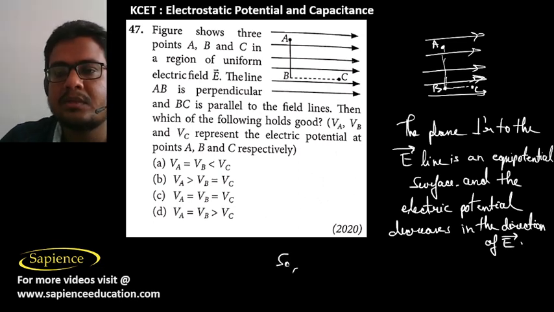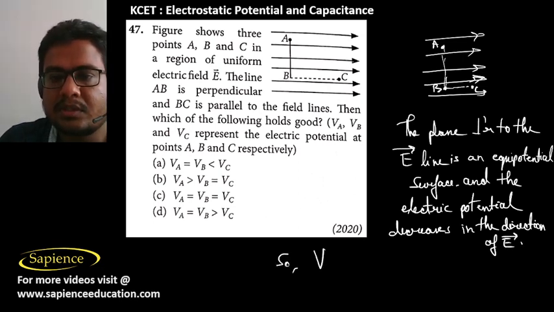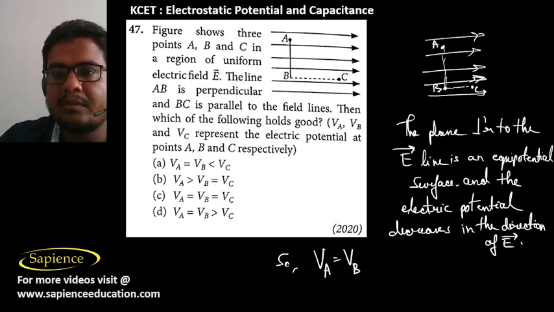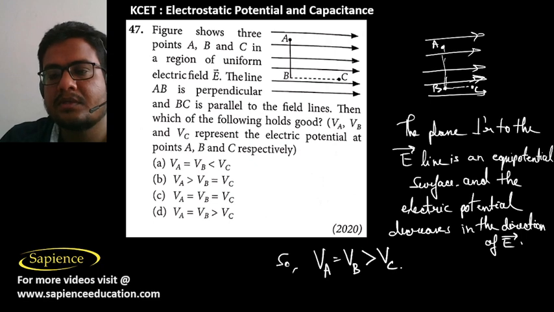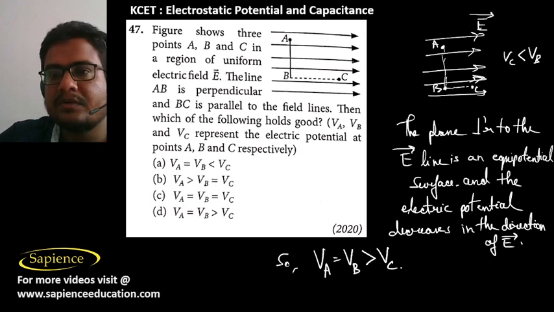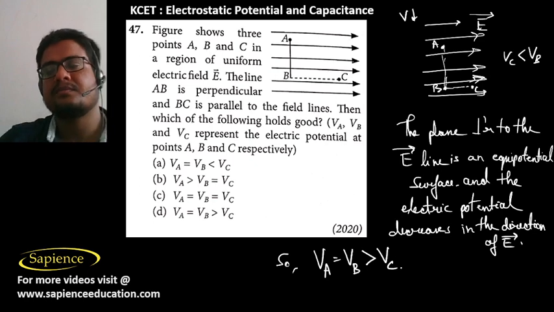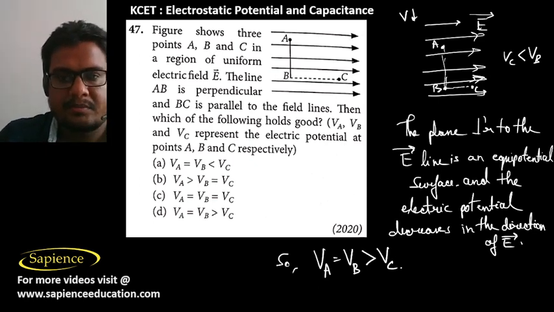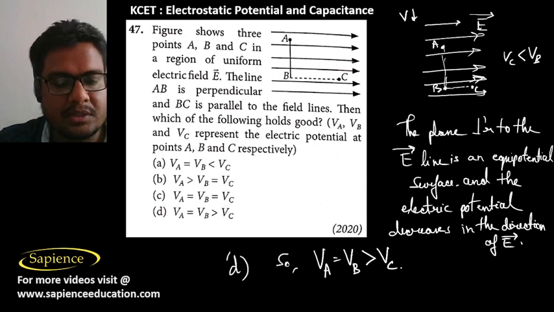So the electric potential at the point A should be equal to the electric potential at the point B, and at point C it will be less. It means that VA equal to VB, which is greater than VC. In the direction of the electric field, V will decrease. So option D is the correct answer.